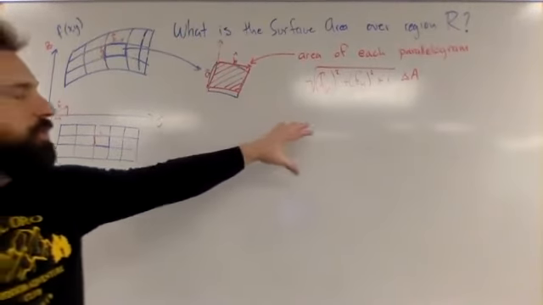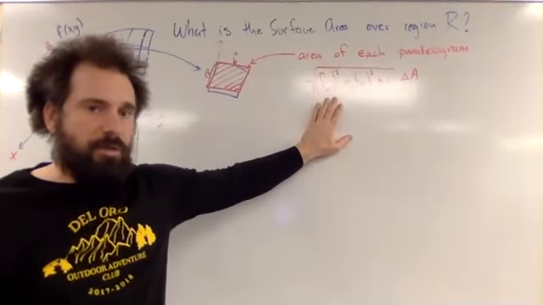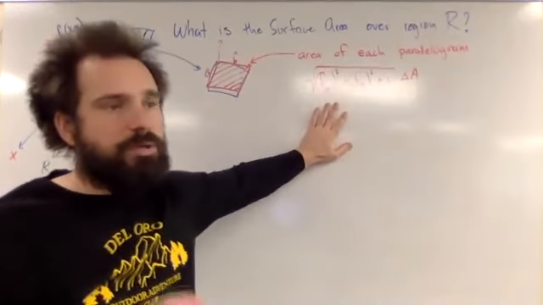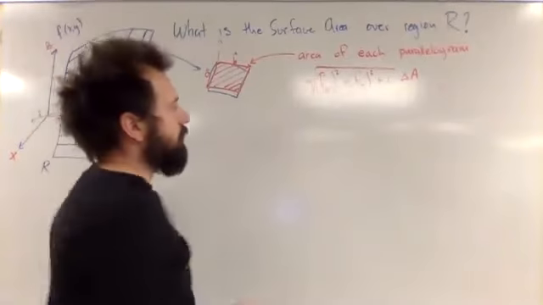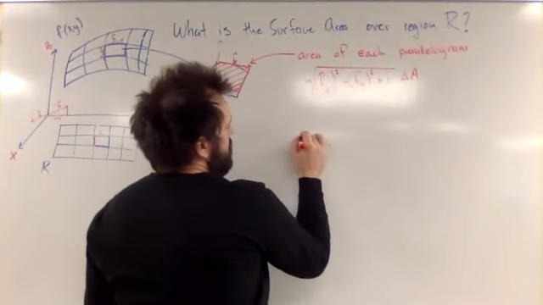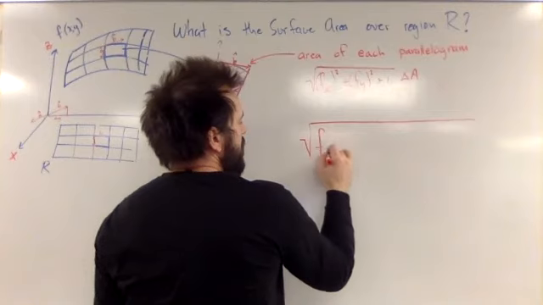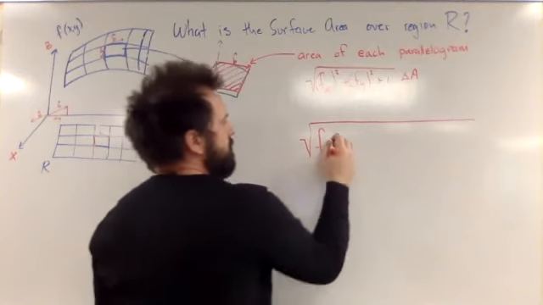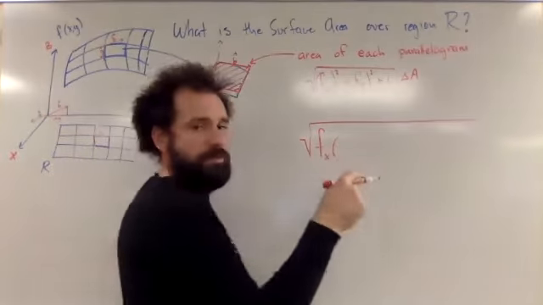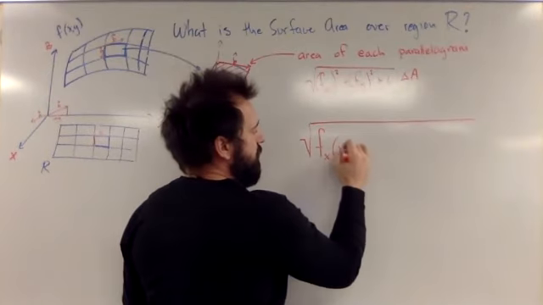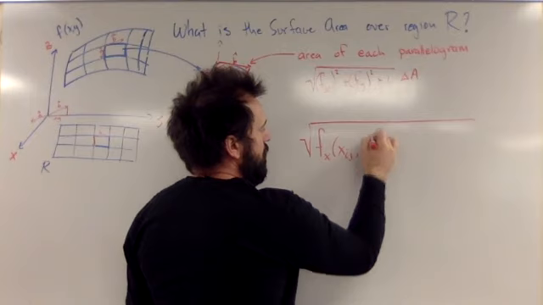So what I need to do is, in my notation, I just said partial f of x. We need to be a little more specific about where we're evaluating all of these, right? So really, each one of these is going to be partial f with respect to x evaluated at whatever that corner is, whatever point we're picking for each rectangle. So that would be x_ij, y_ij.